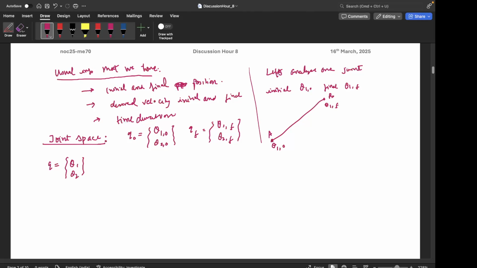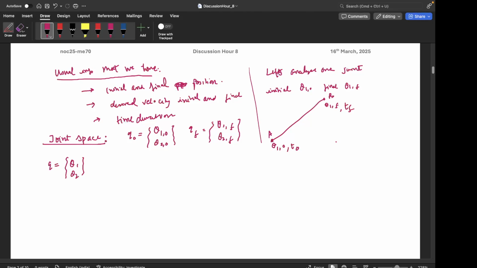If we have to move from point A to point B, we must know in what time we want to move, because that governs the velocities and accelerations. So let's say we have time t0 here and time tf here.